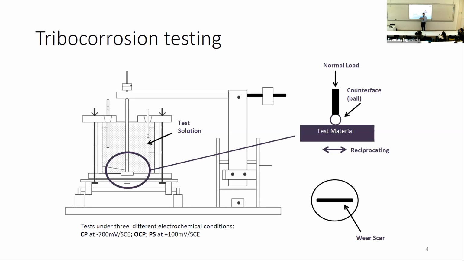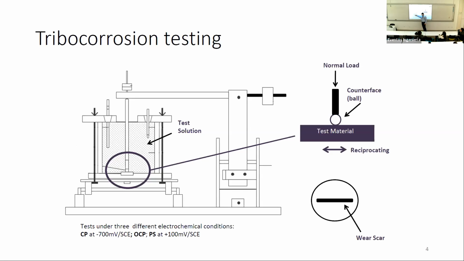It could be the same material or some other material. Many times we also use a ceramic counterface, alumina. Over here, we can put the solution, and connected to this substrate will be the potentiostat, where we can apply different potentials to try to remove corrosion, so suppress oxidation reactions, or just leave it floating.